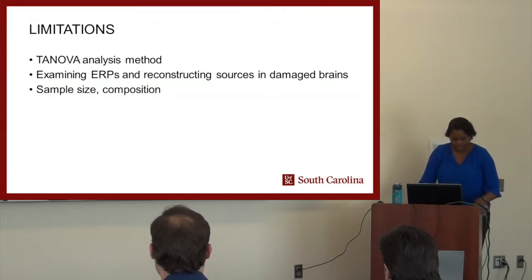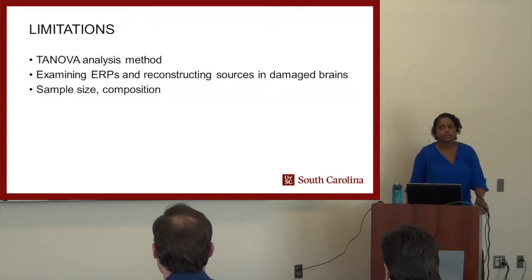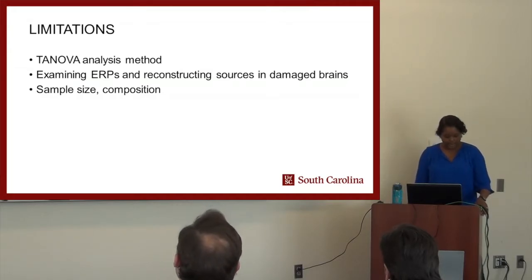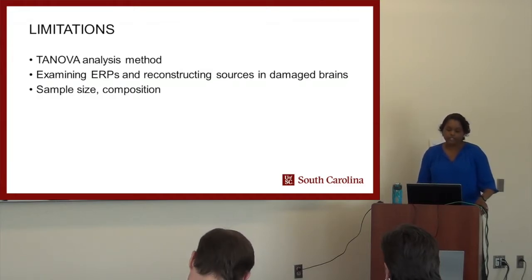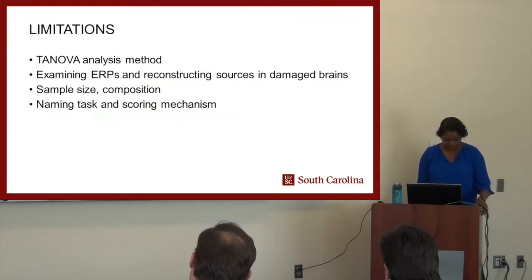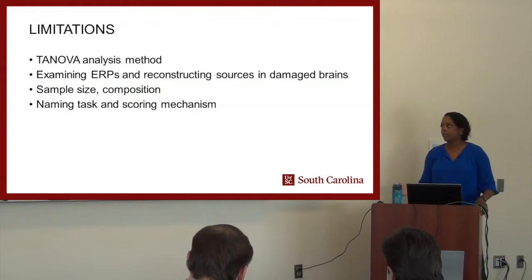The sample was a particular limitation for the lesion symptom mapping analysis. Again, lesion size drives findings with small samples, and the distribution of aphasia types was unequal, which may cause some bias in terms of lesion location. And in terms of the naming task and scoring mechanism, it was a novel scoring mechanism that was used, and it may not be sensitive enough.